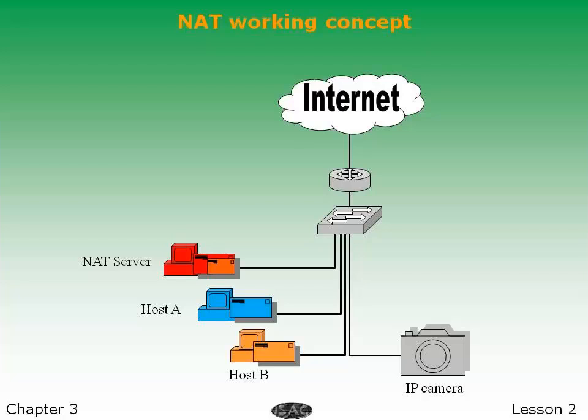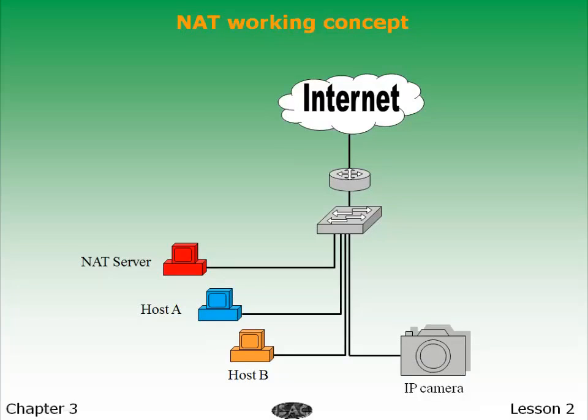More complex configurations are also possible, but we will not talk about this. As the traffic passes from the local network to the Internet, the source address in each packet is translated on the fly from the private address to the public address. Translated. That's why we call it network address translation.